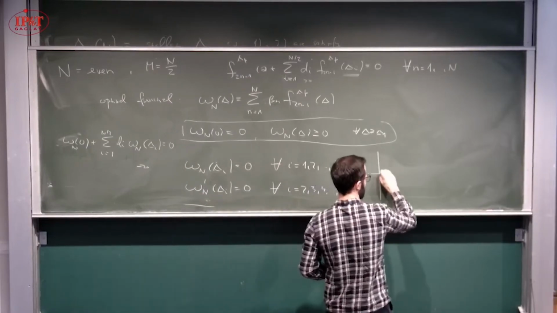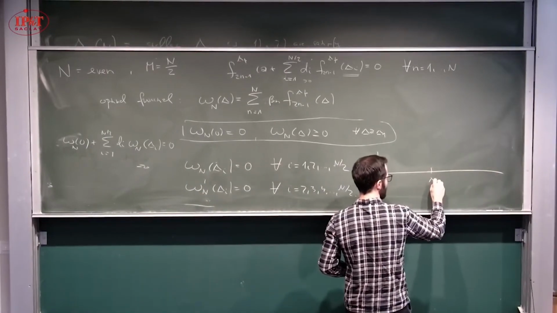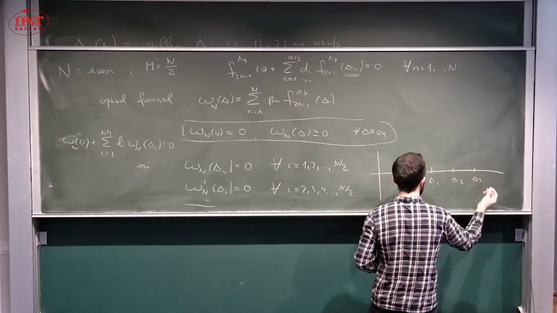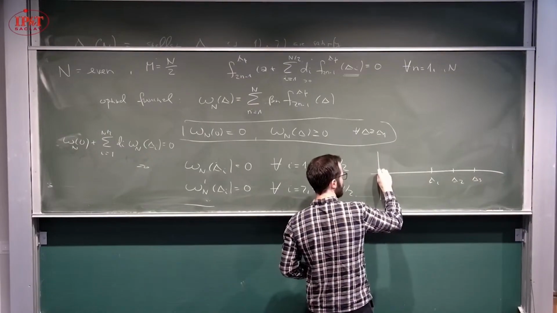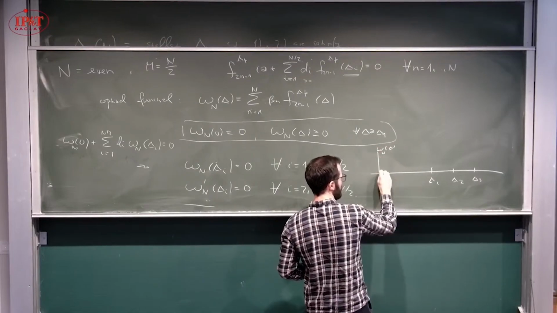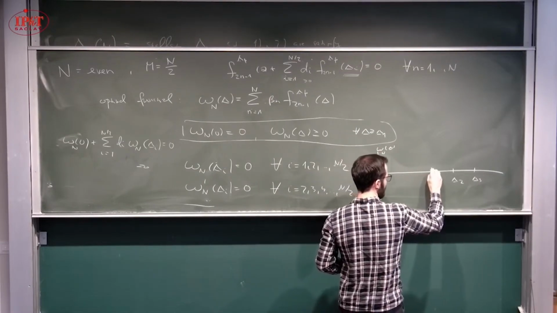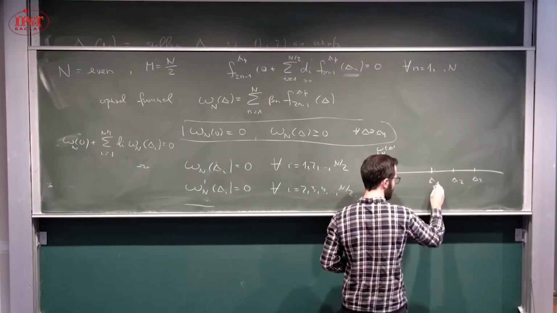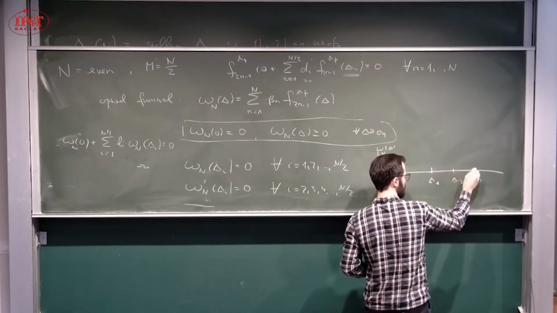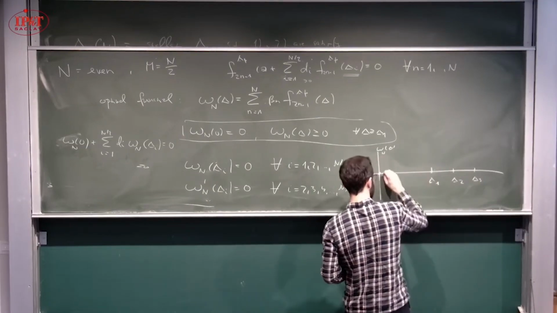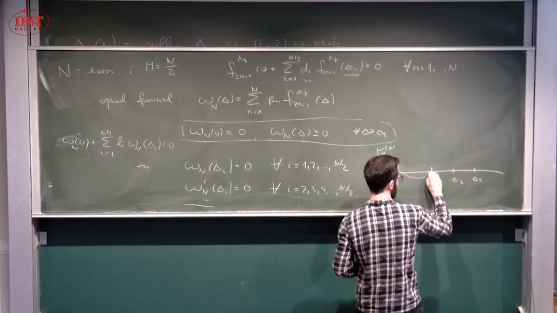You can see that imagining delta 1, delta 2, delta 3, and so on. The omega is 0 over here, and it needs to be non-negative everywhere to the right of delta 1, but it also has to vanish here and here. So these positions better be zeros of even degree. So typically this will look like something like that.